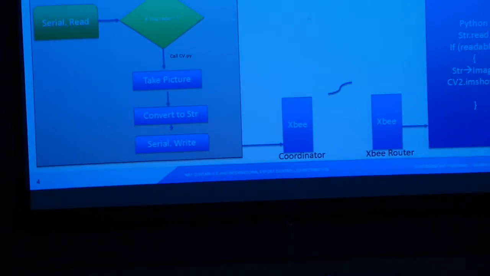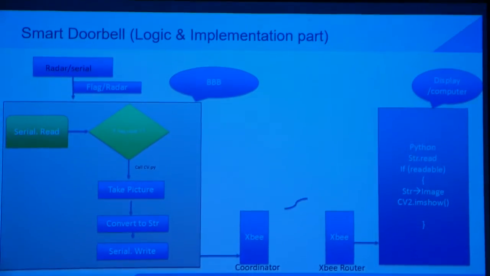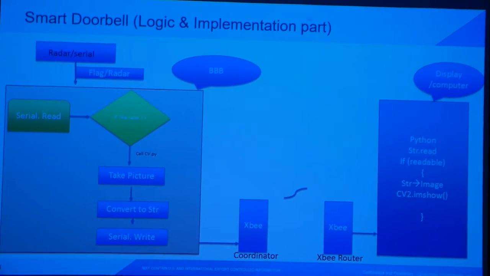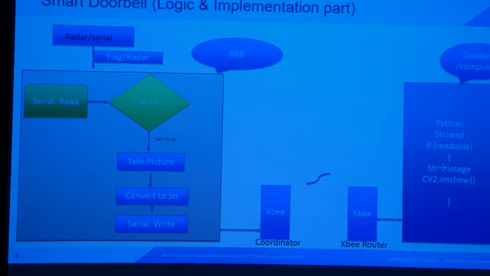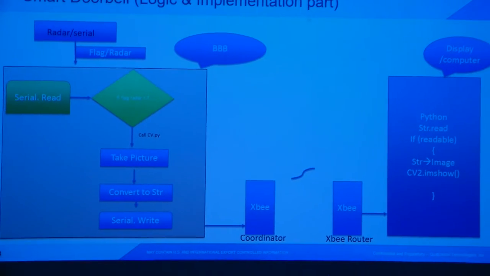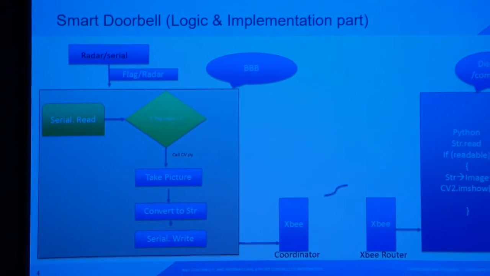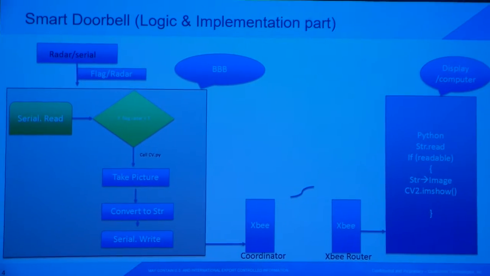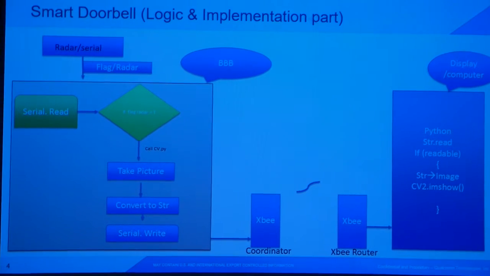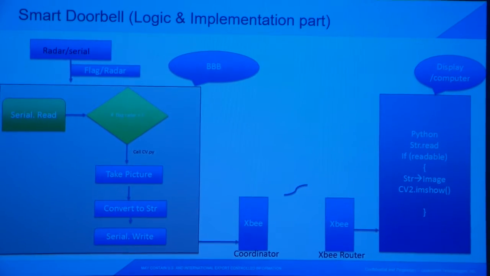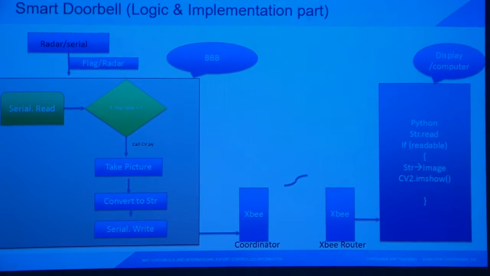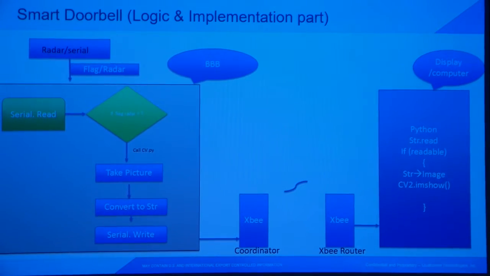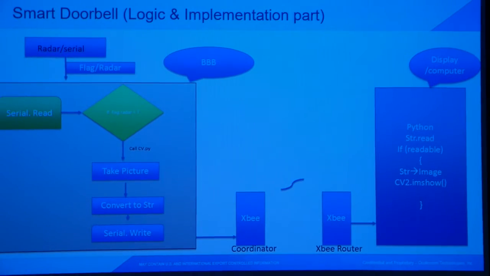And we have here a diagram, a flowchart, to show in a little bit more detail the steps of the demo. We start with a radar connected over a serial connection with the microcontroller, and the microcontroller flags the BeagleBone Black when the radar detects something within about 40 centimeters.